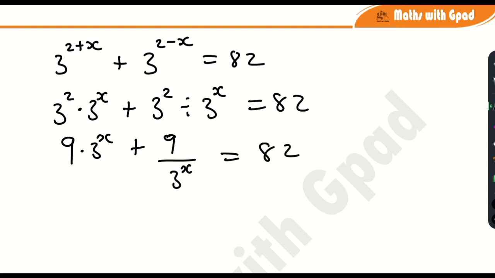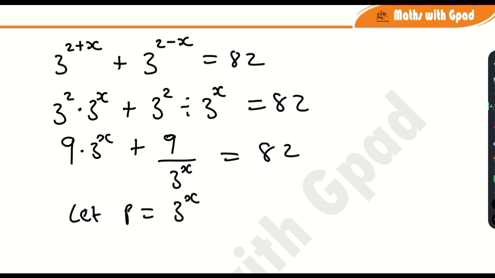So what I will do next is to say let p be equal to 3 raised to the power x. The reason why I am replacing 3 raised to the power x with p is because I want to simplify the equation. If you have exponents, as we have in this equation, it makes it more difficult to find the value of the unknown.